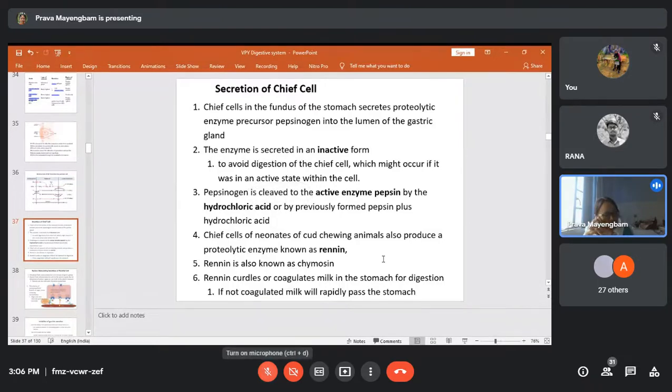What are the secretions from the parietal cell? Anything else?